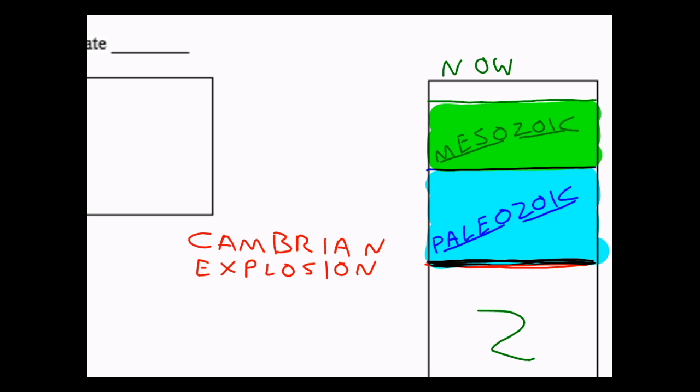And then finally, we have this last section, which is called the Cenozoic. Ceno meaning recent. The Mesozoic, that's the age of the dinosaurs.